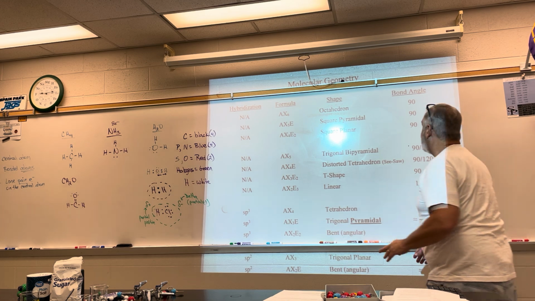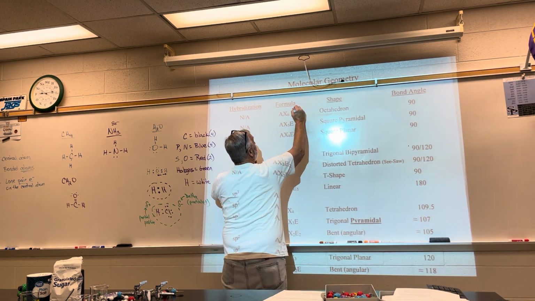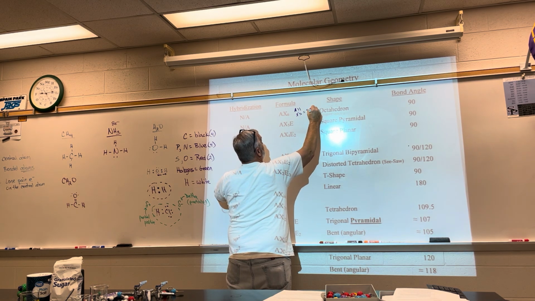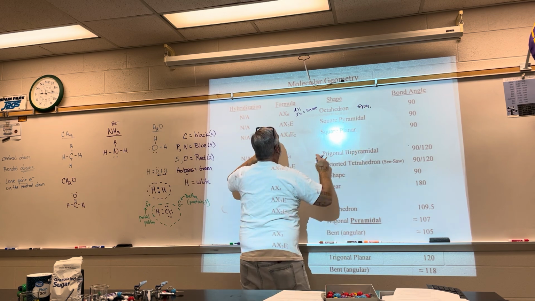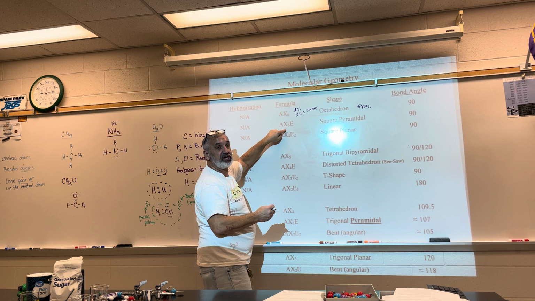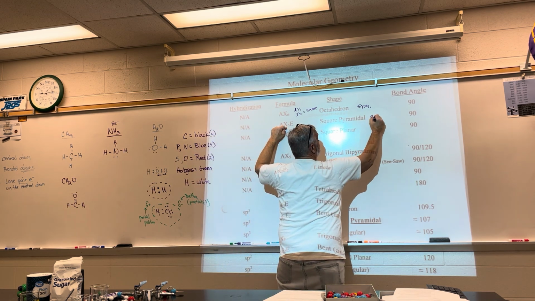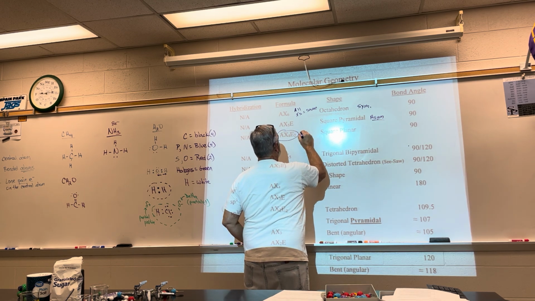So if I looked at AX6, if all X is the same, then it's going to be symmetrical. But even if they're all the same here, this shape is going to be asymmetrical. But this one here is an exception.